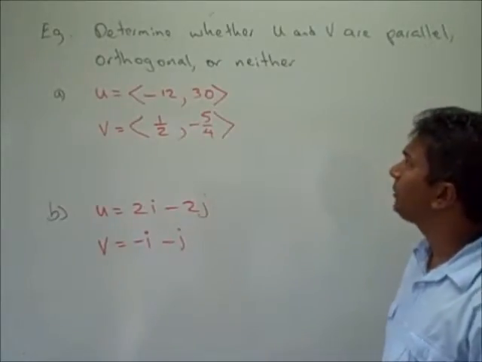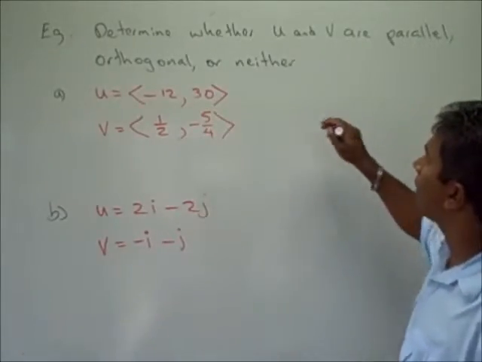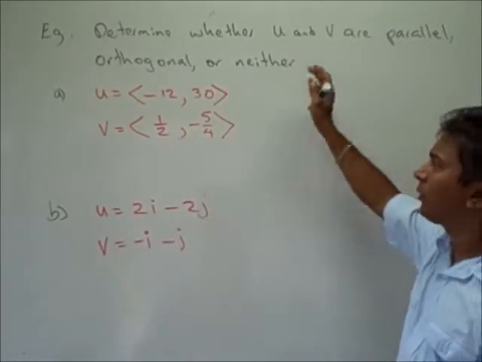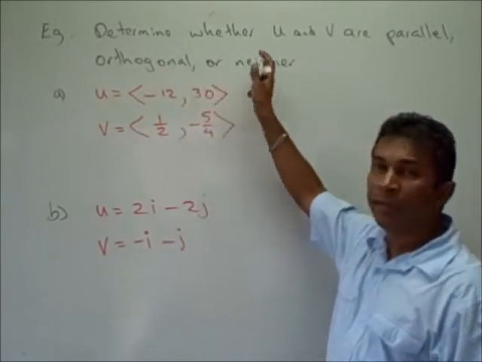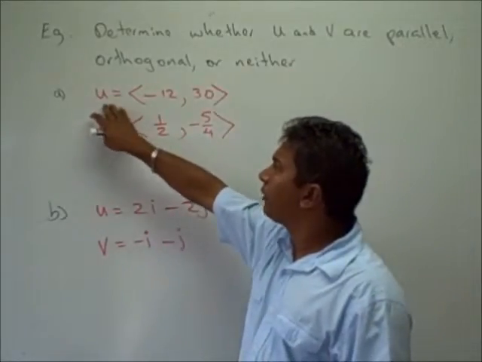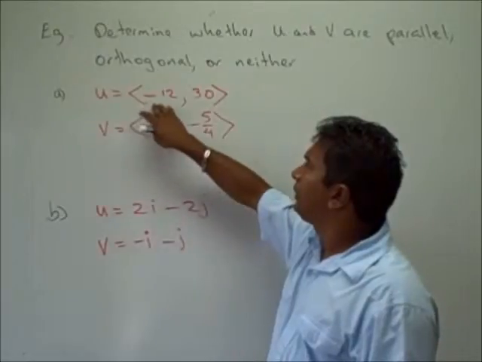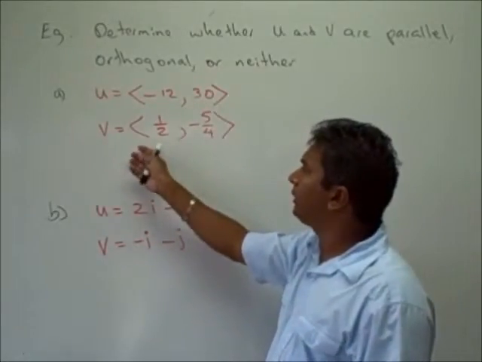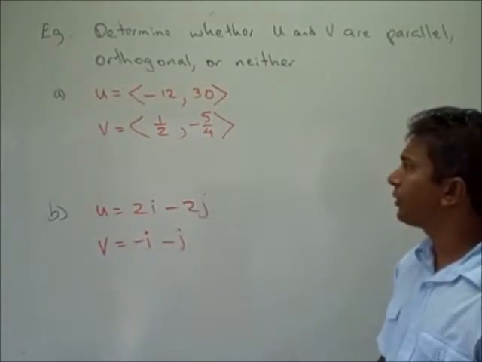In this example, we're being asked to determine whether or not the two vectors u and v are parallel, orthogonal, which means perpendicular, or neither. In our first part, we're given that vector u is equal to negative 12, 30, and that vector v in component form is 1/2 and negative 5/4.